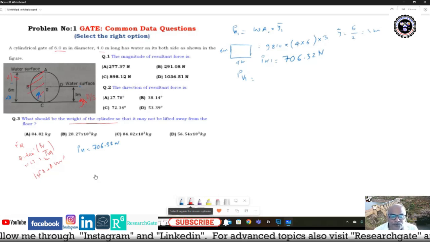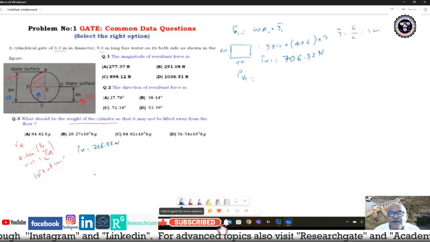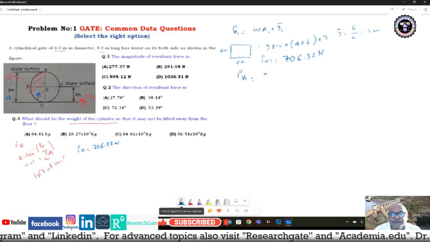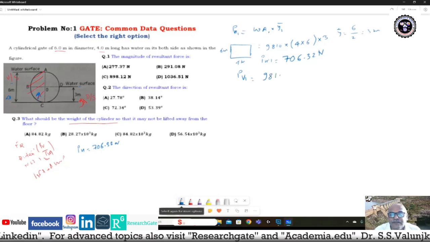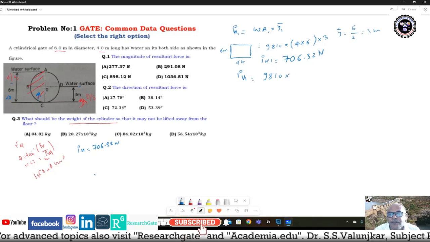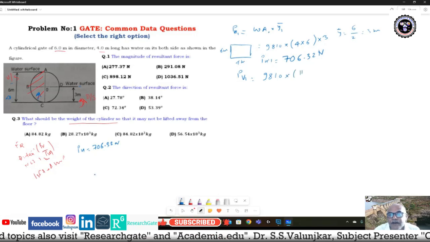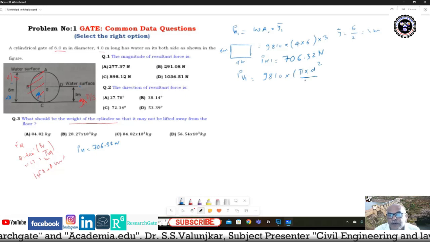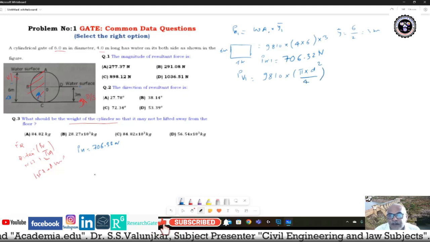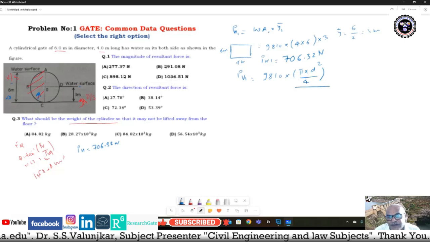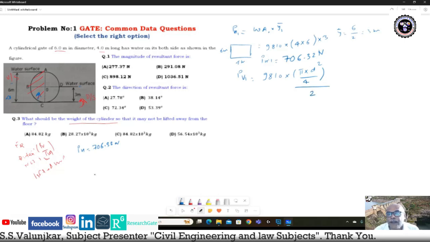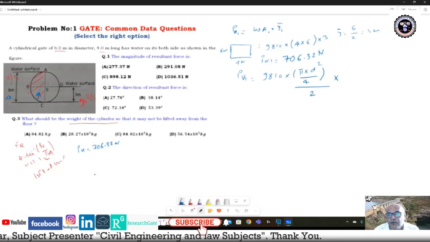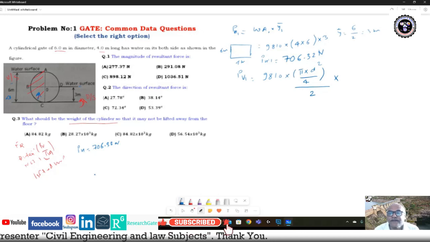So PV1 is equal to 9810 into pi into d square upon 4, area of the cylinder, but it is acting on a semicircle, that is half, that is 2, into width of the cylinder, which is 4.